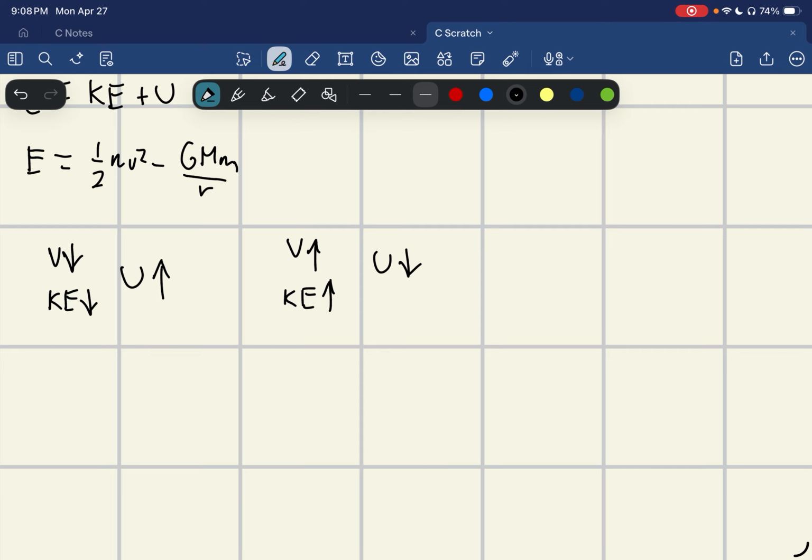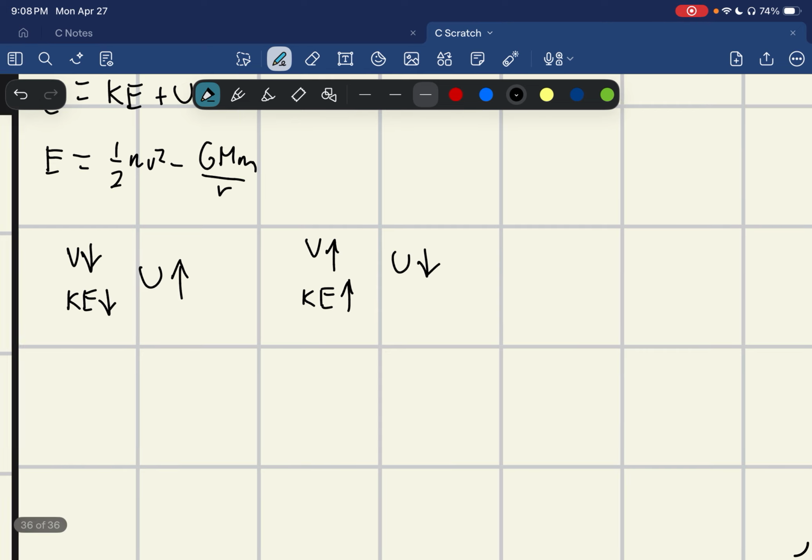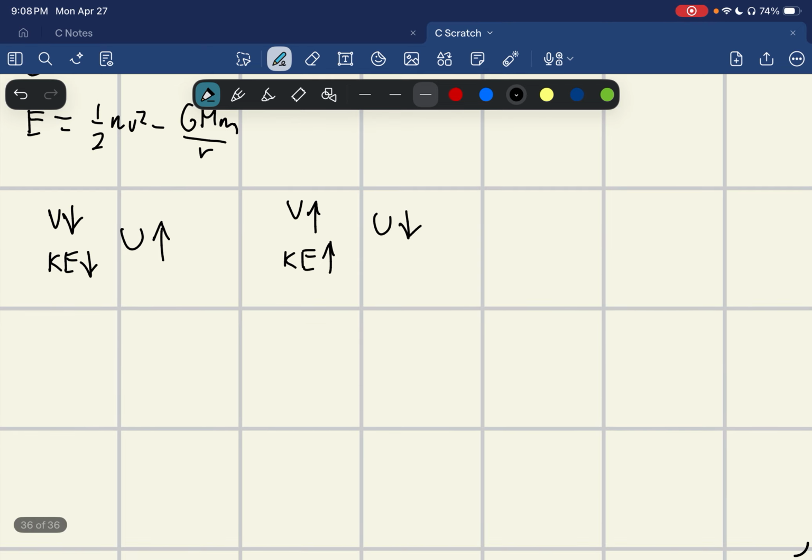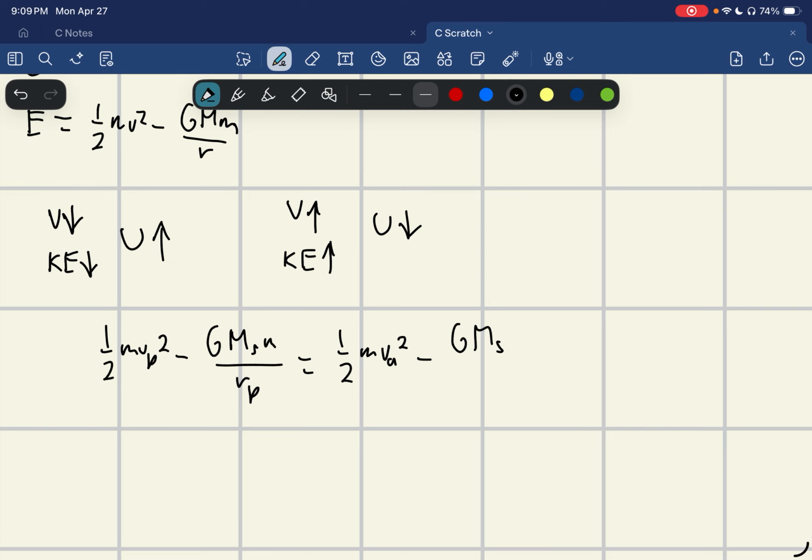So then it will just balance out each other. And then for an equation for it, we do 1/2 m vp squared minus G big M times m all over rp is equal to 1/2 m va squared minus G Ms times m all over ra.